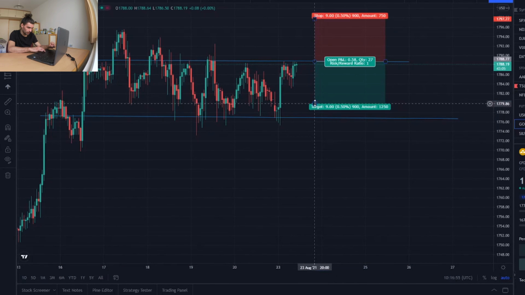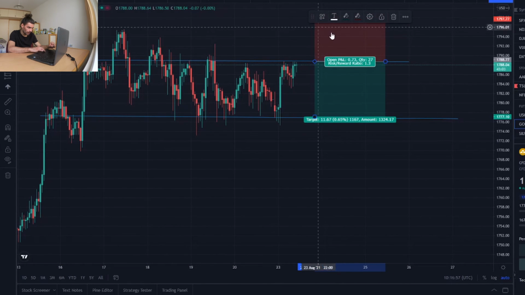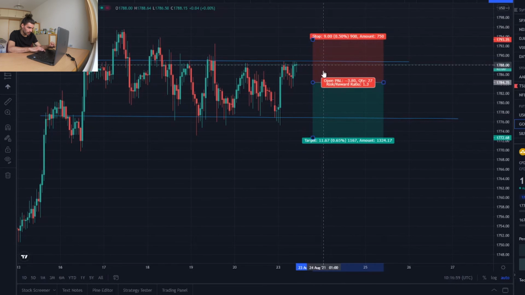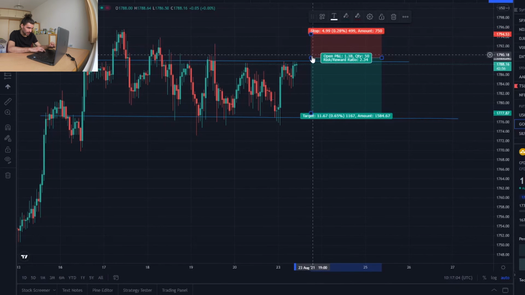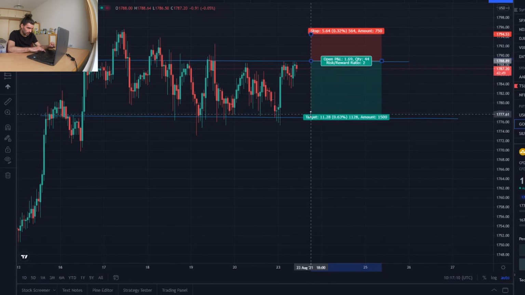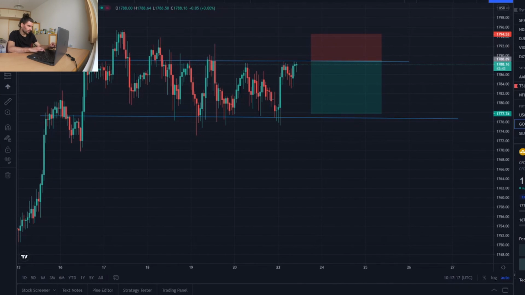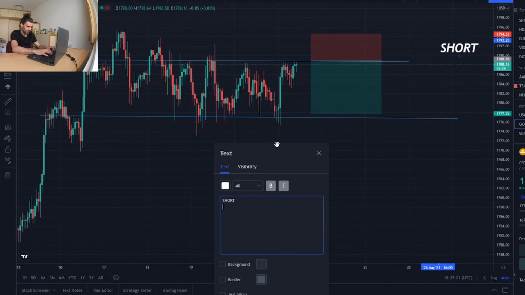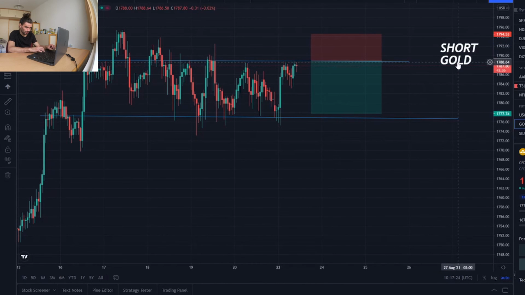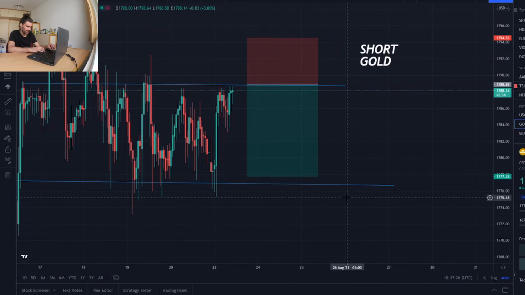And if you are new to trading or not willing to risk that much, I would suggest you make it a 2.0 risk reward ratio, which would be something like this. So this would be my trade for the next time to come.